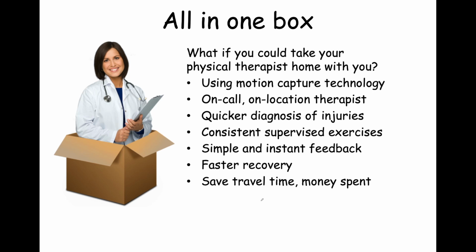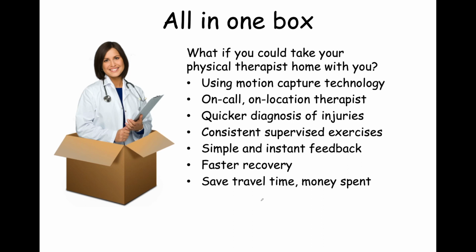Well, we use motion capture technology and outlier detection to effectively do this so-called physical therapist in a box. So we have this on-call, on-location therapist, and that was the model: perform outlier detection using hypothesis testing with confidence intervals, and then alert the therapist that something has gone awry should an outlier be detected.